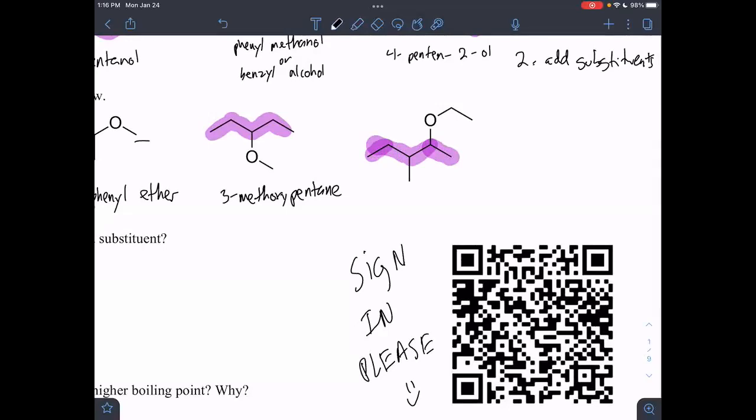So we have our parent chain, which is a pentane, and our substituents, which are what? Two ethoxy and, yep.